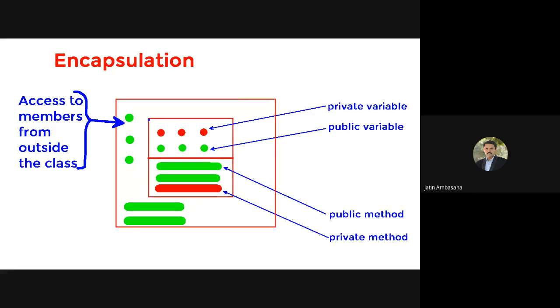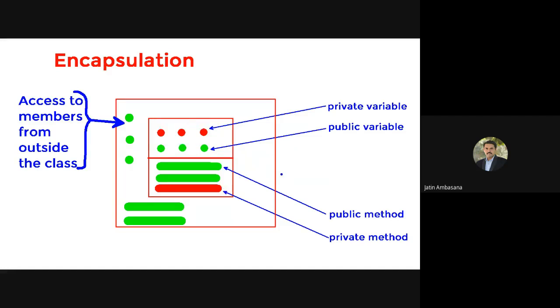Okay, that is outside the class. This is your actual class, let's say. So outside the class, access is this region, we say. And in that region, access is basically allowed to public variables and public methods only, and not to the private methods or private variables.